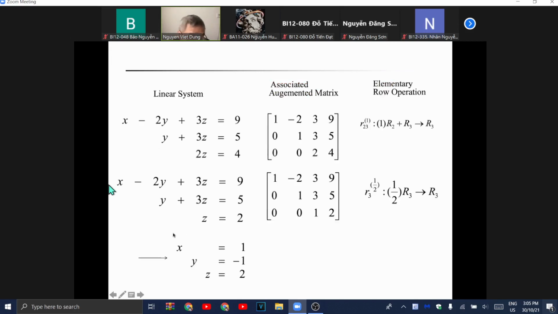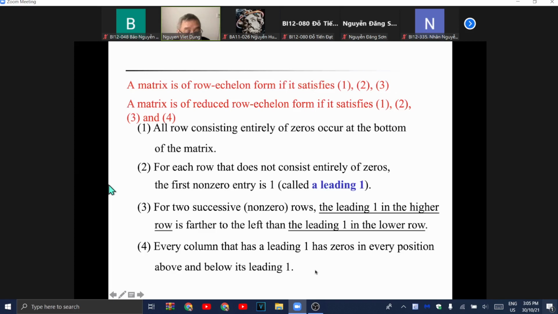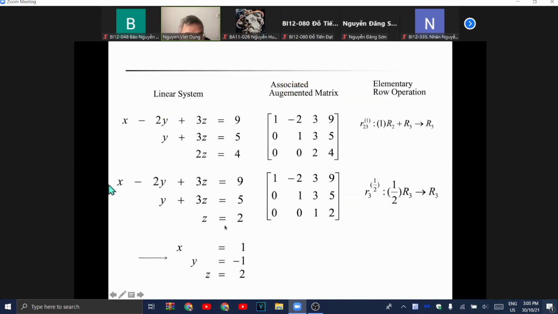And finally you get that. Whenever you apply those operations, you make the augmented matrix look like that. It's very easy for you to write down the solution, to find the solution.